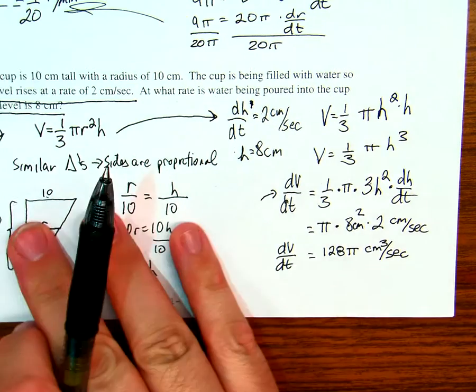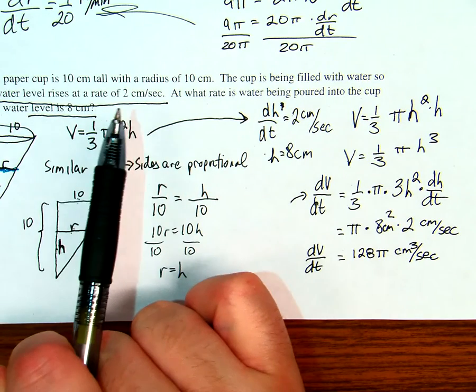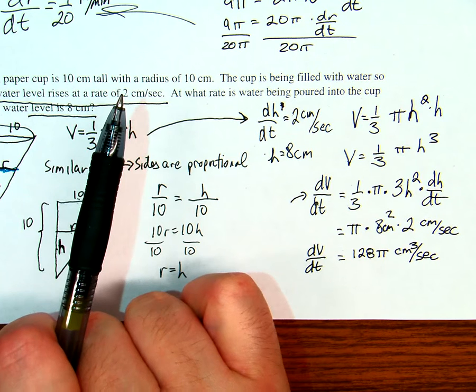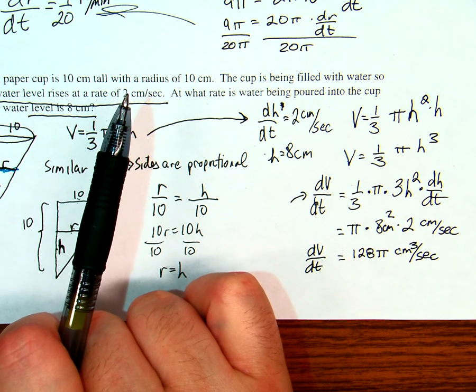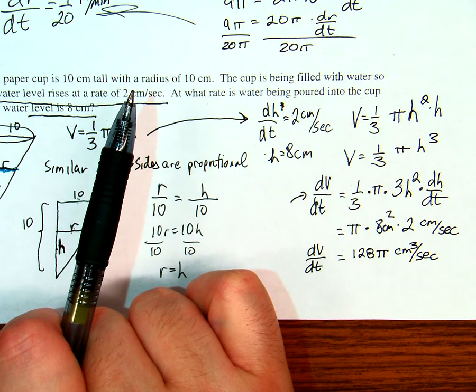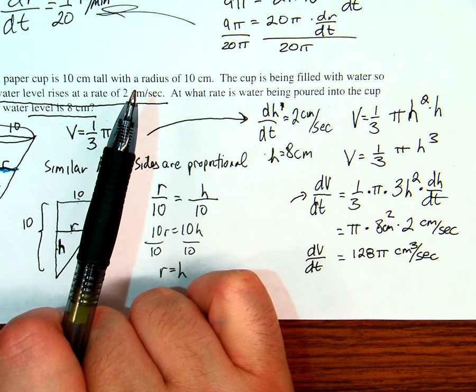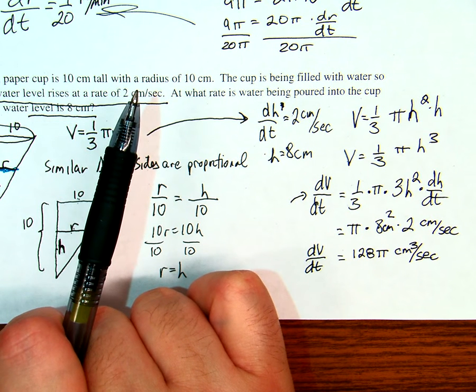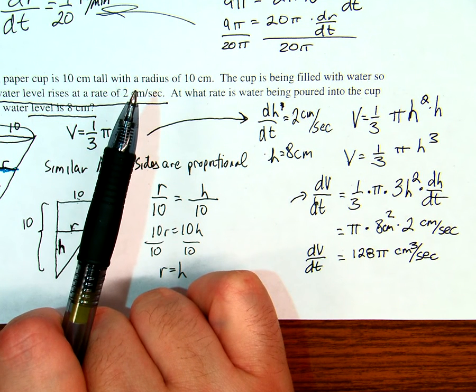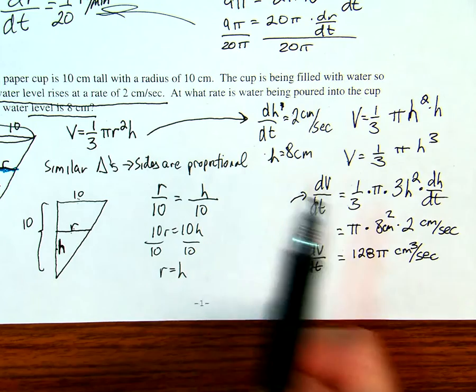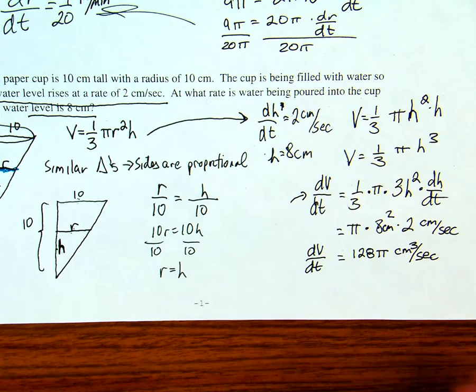So the variable that talks about the rising is the height. And you just plug that in. Because that would be my dh/dt. That's the rate that the height is changing. So the biggest thing is deciphering what rates mean what.